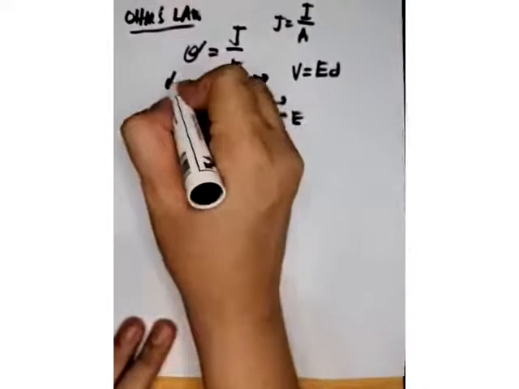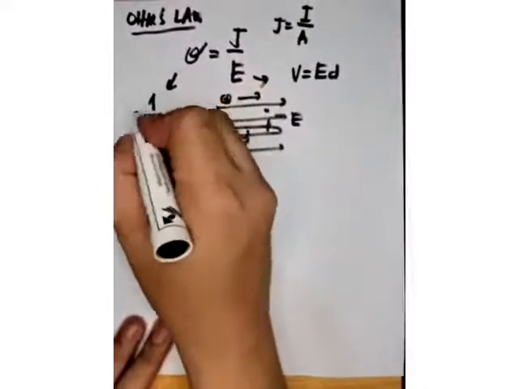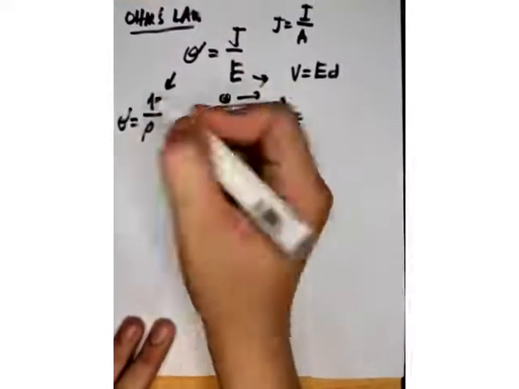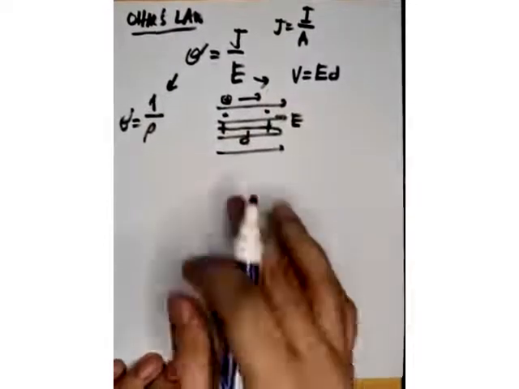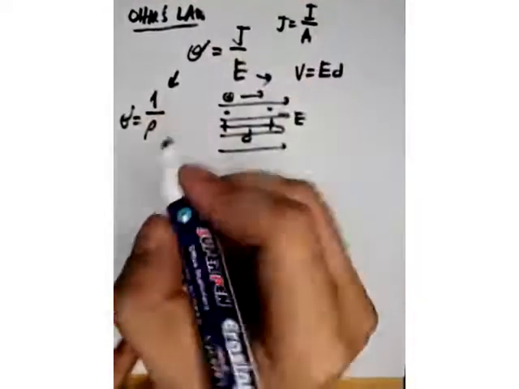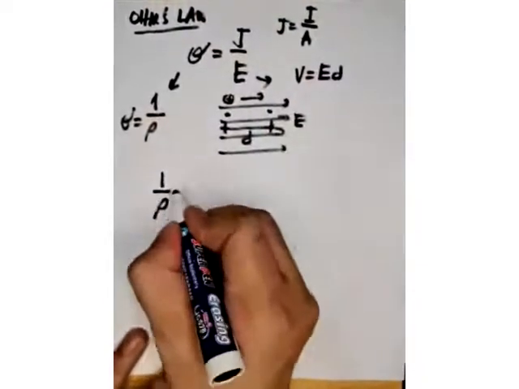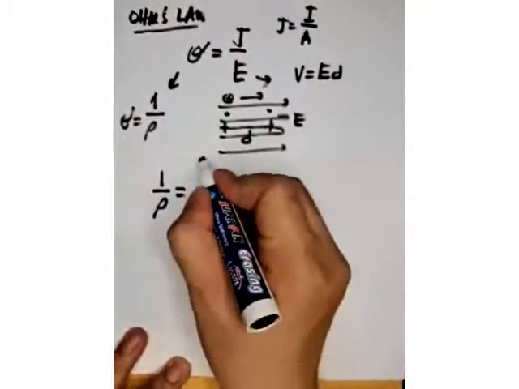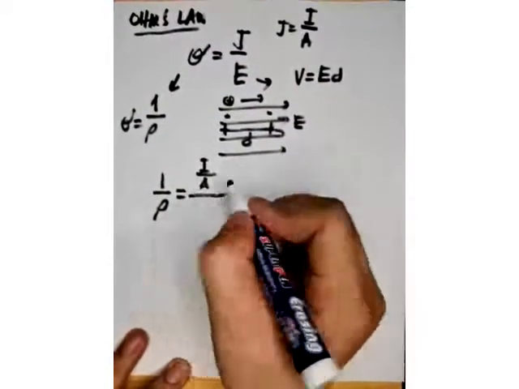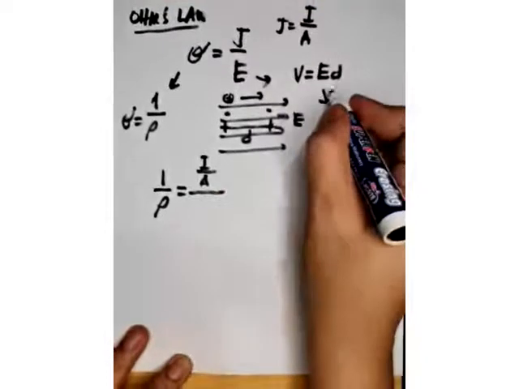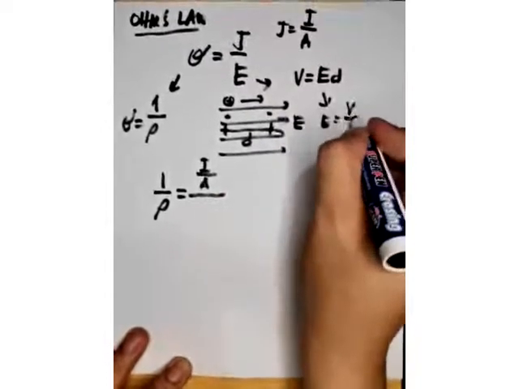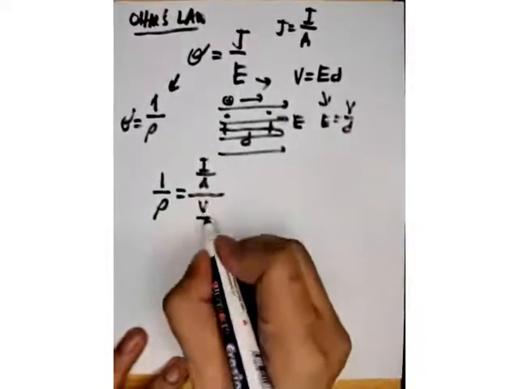At yung conductivity natin is 1 over resistivity. I-substitute natin lahat. Now, 1 over resistivity is equal to I over A all over E, na V over D.